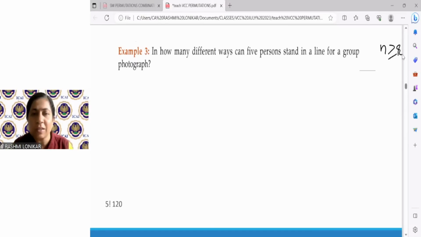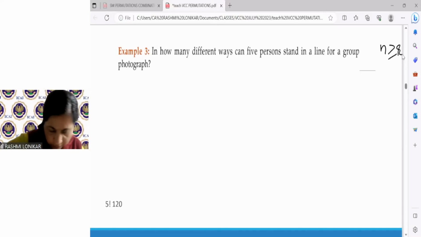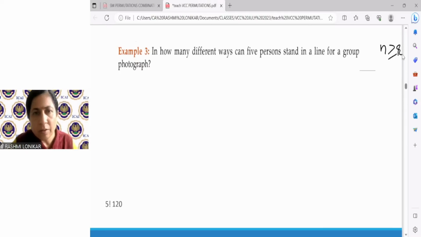Now, in how many ways can 5 people stand in a line for a group photograph? Very good, Saloni and Saurabh, they have already answered. So, N is how much here? N is 5.